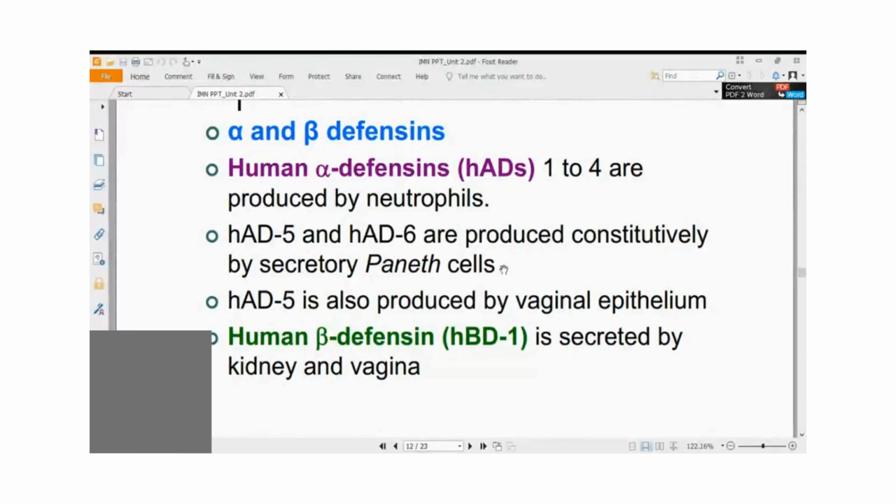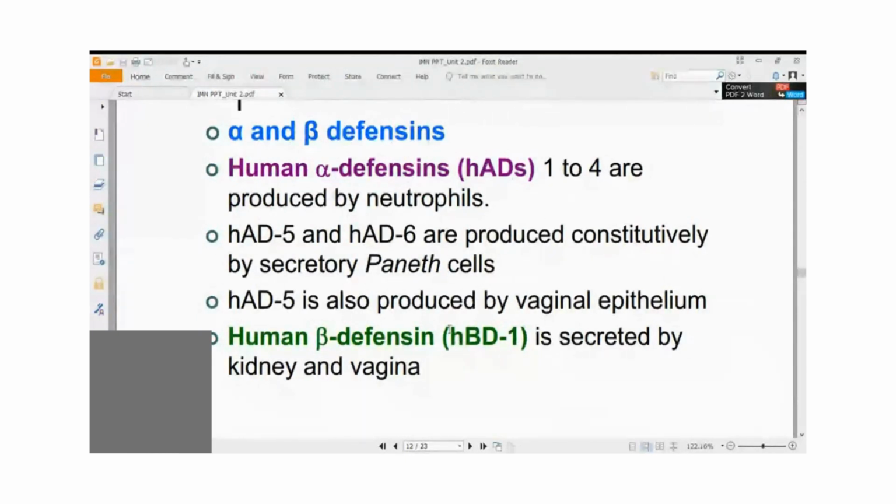Human alpha defensin 5 is also produced on the vaginal surface. Next comes human beta defensin. Human beta defensin 1 is produced by the kidney epithelial cells as well as vaginal epithelial cells. So beta defensin produced by the kidney epithelial cells protects your urogenital tract in men, and in the case of females, it is protecting the vaginal surface.